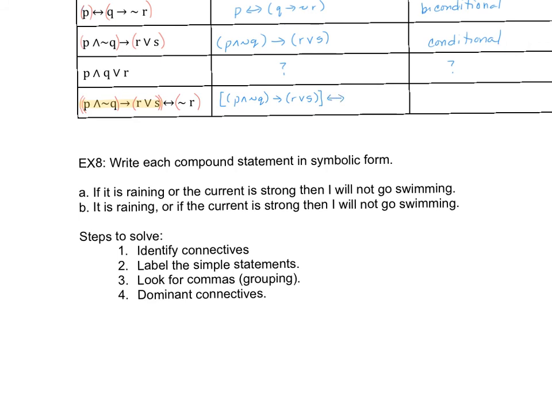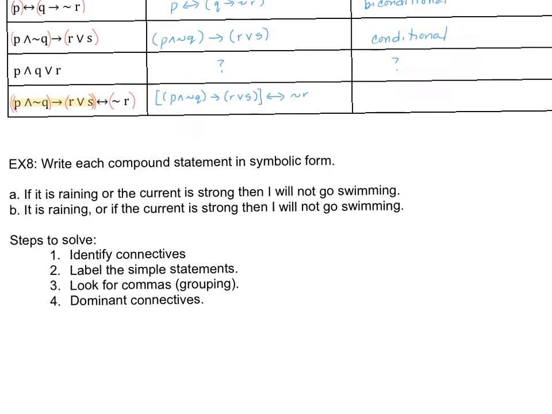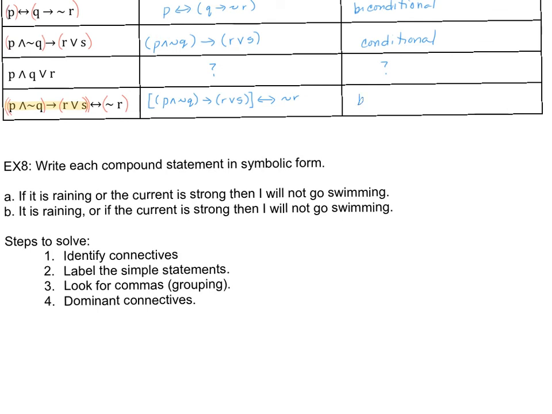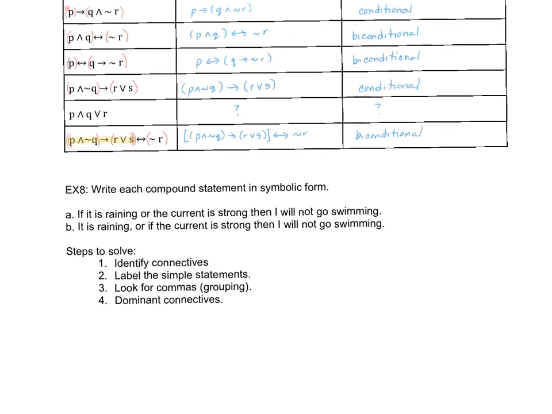Then the biconditional, and then the not R does not need parentheses around it. Now, it wouldn't be wrong if you added parentheses around the not R. It just is unnecessary. So the dominant connective is a biconditional. This is a biconditional statement. So they can get a little crazy. Just take it in small steps. Go by dominance of connectives.